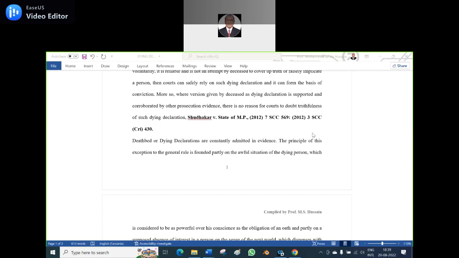This was said recently. In the case of a will, the last will is considered valid. This was recently held by the Supreme Court a week back in Malkan Singh versus State of Haryana.